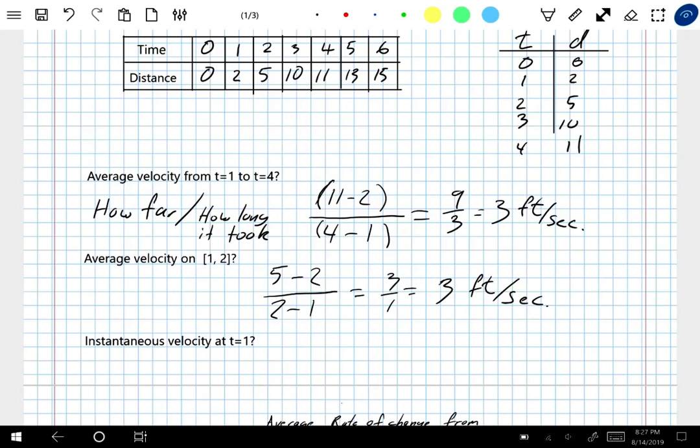The big interesting question is, what is this instantaneous velocity at t equals 1? Meaning, how fast am I going at that exact second? And we could try, maybe I'll put this in red, just to try to do this. Well, at t equals 1, it looks like I am at 2. And I'm still at t equals 1, so I'm going to subtract 2.